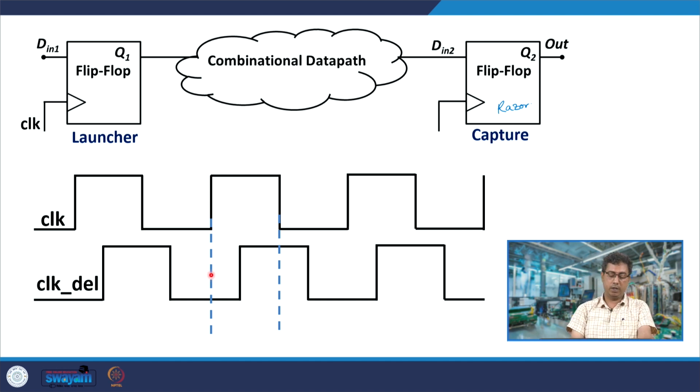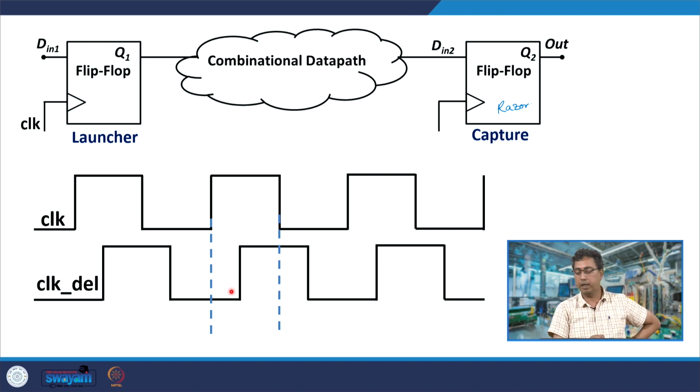In that case, the shadow latch may capture a wrong value, because the next clock cycle's value may be ready at D in 2 before the hold time of the shadow latch is over.